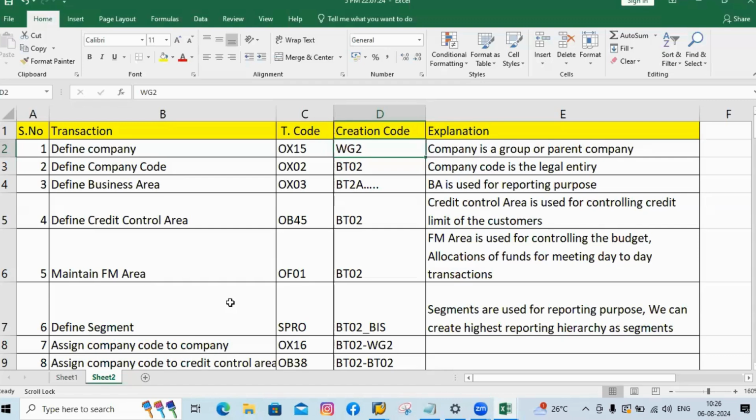If we maintain calendar year, we have to follow from January to December. It will be year dependent. If the fiscal year is our calendar year, we can check that checkbox, because in some countries the fiscal year and calendar year are the same. That means if you select calendar year, then your periods will start from January to December.